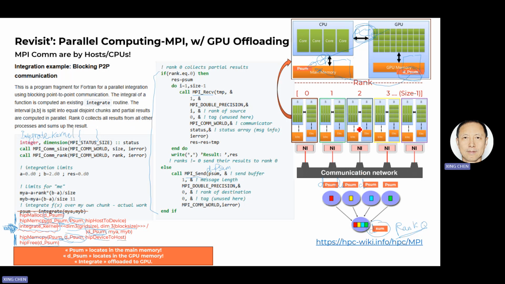Because in real life, we could have the situation that data needs to be sent from the host memory to another node's host memory, and there could be the situation that we need to send data located in the GPU memory and put it in the receiver's GPU memory. If we have to copy the data from the GPU to the CPU, we have to pay the overhead by going through this PCIe low-speed link.